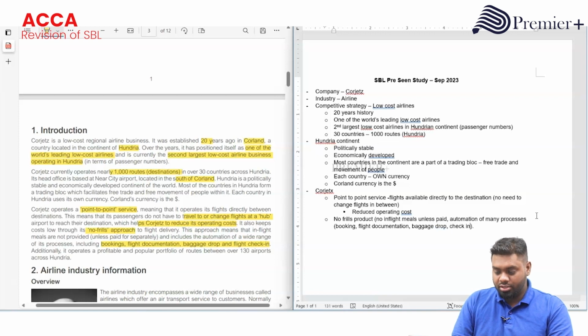Not limited to this, these are some of the processes they have automated.